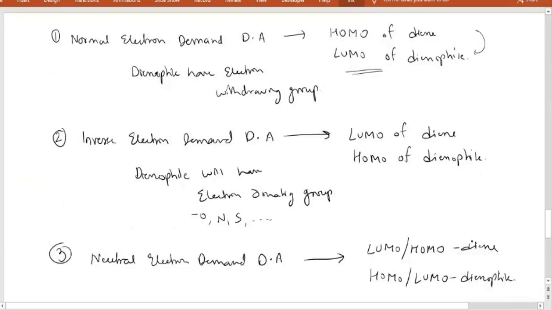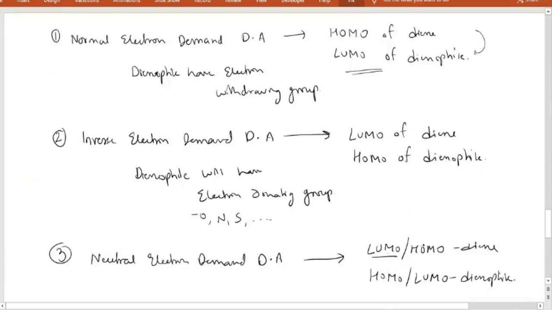So there will not be much energy difference between HOMO of diene and LUMO of dienophile or vice versa. So the energy gap, there is no difference. Either it can react with LUMO of diene and HOMO of dienophile or HOMO of diene and LUMO of dienophile.